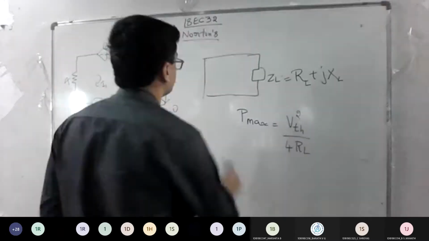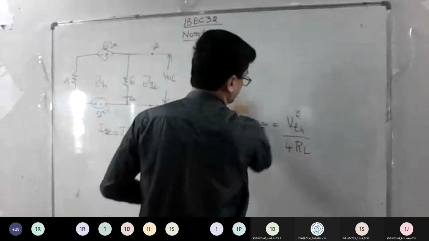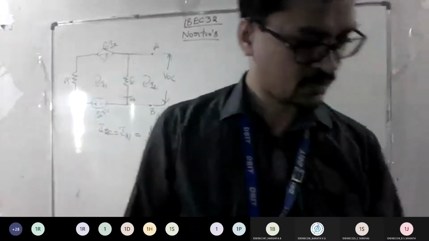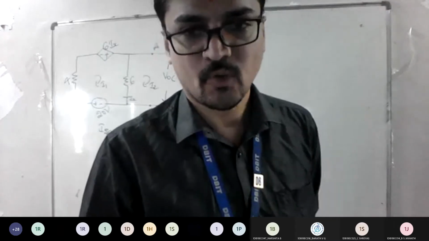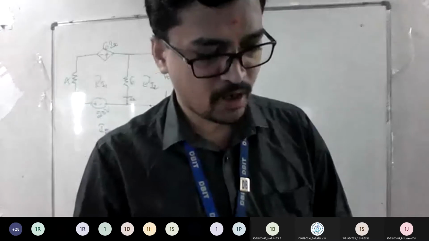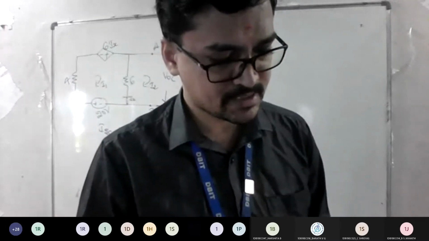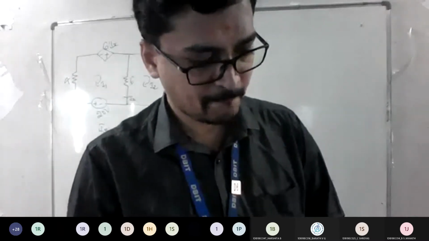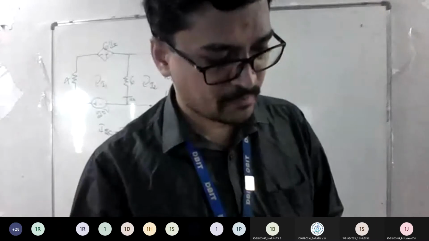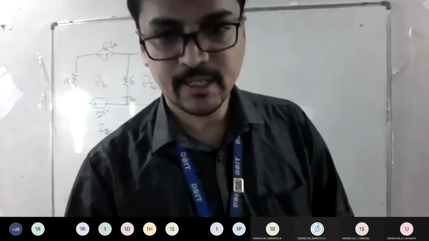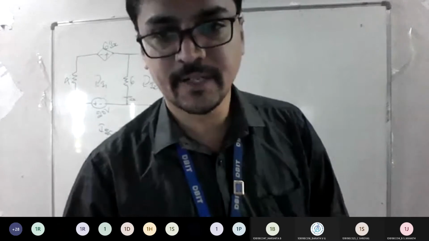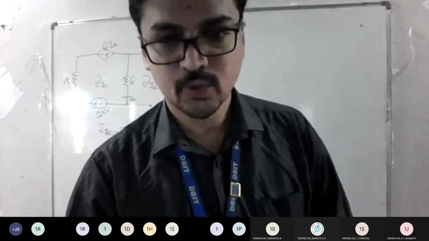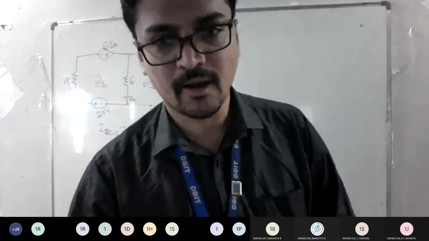For the circuit shown below, what should be the value of R such that maximum power transfer can take place from the rest of the network to R, capital R?